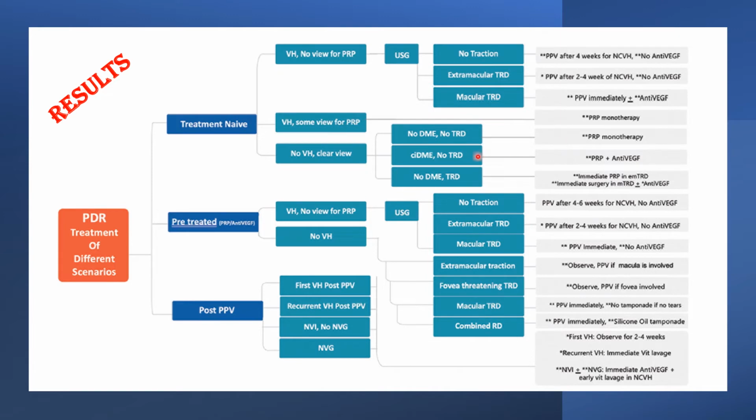If there was cystoid diabetic macular edema without tractional retinal detachment, then PRP plus anti-VEGF. If there was no diabetic macular edema and no tractional retinal detachment, then PRP.